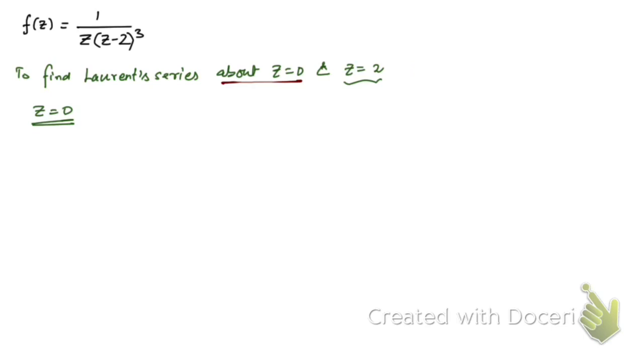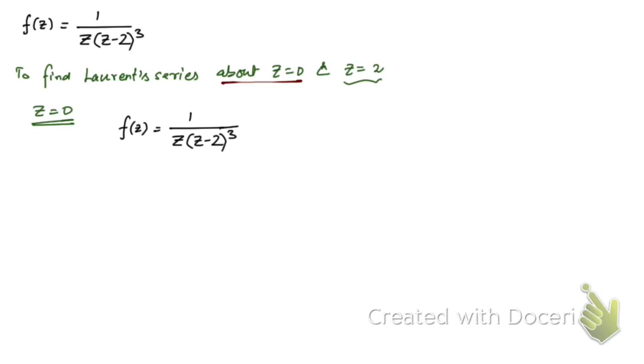First let me write the given function. f(z) equals 1 by z into (z minus 2) whole to the power 3. So this is the given function.